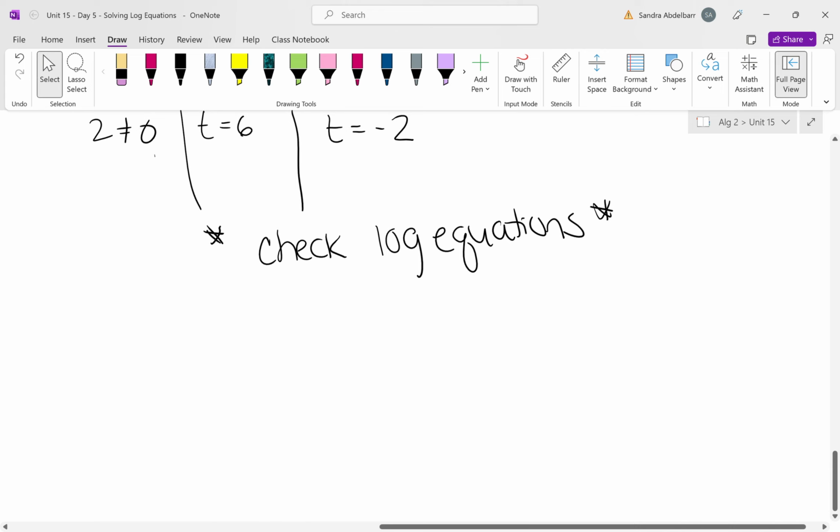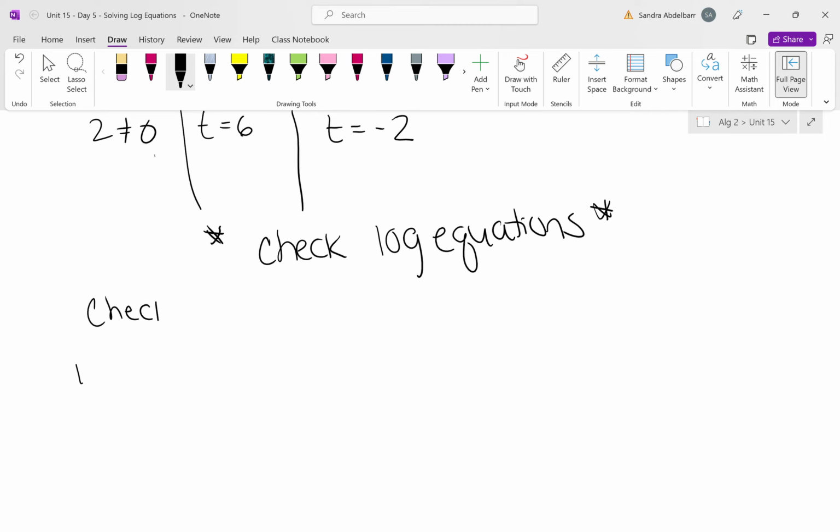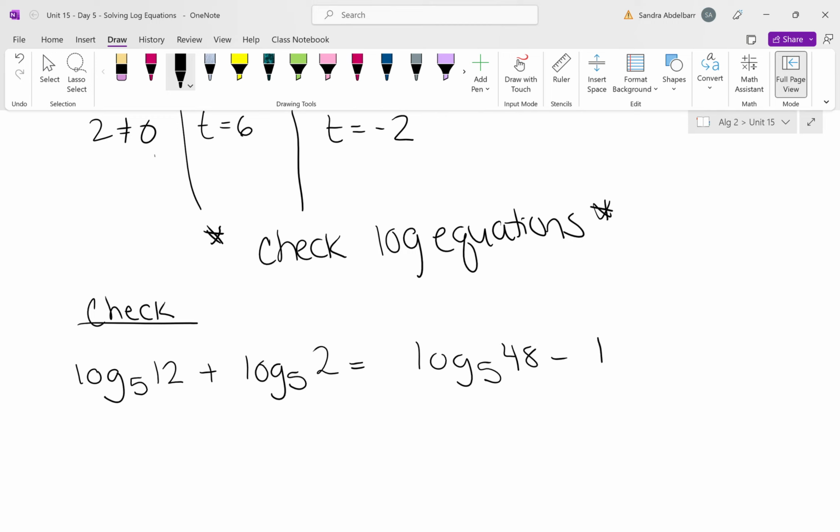I'm going to go back to my original for our check. So I'm going to have log base 5 of 2t plus log base 5 of t minus 4 equals log base 5 of 48 minus log base 5 of 2.